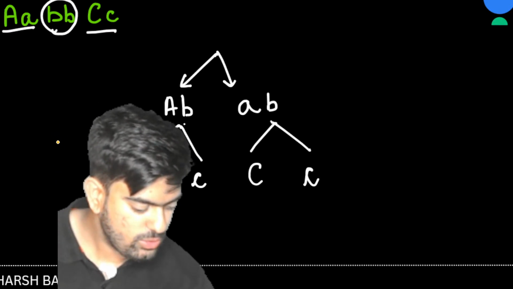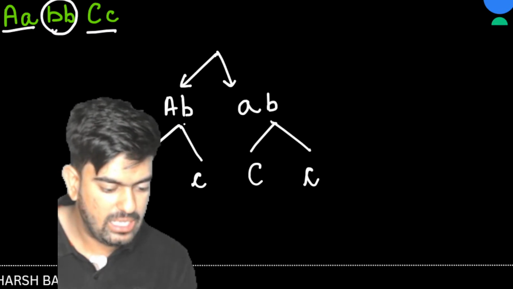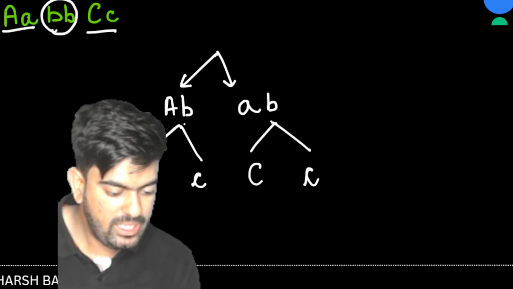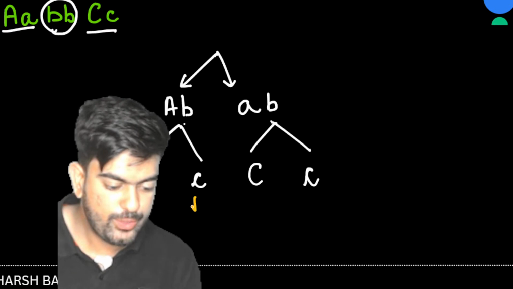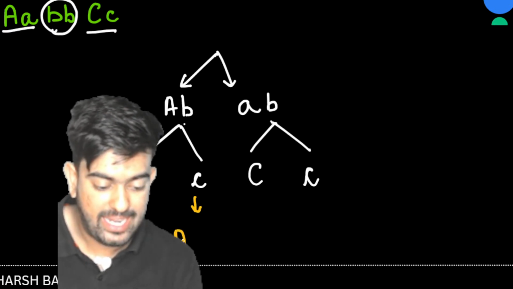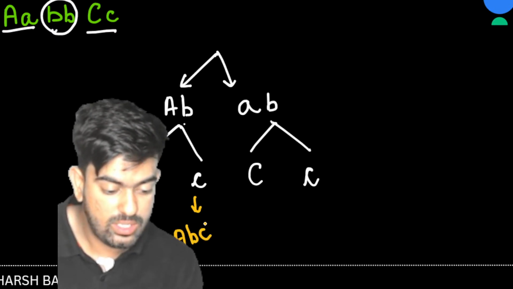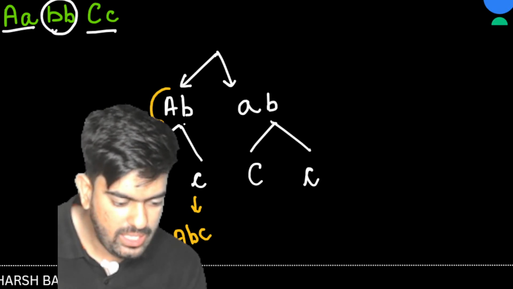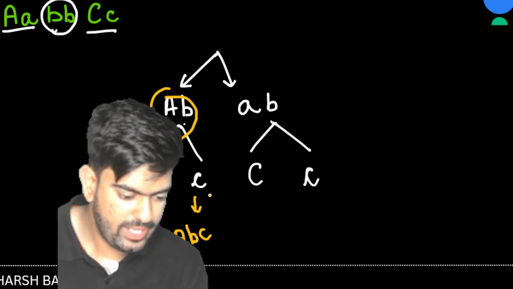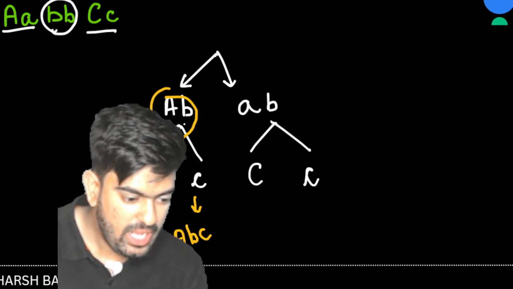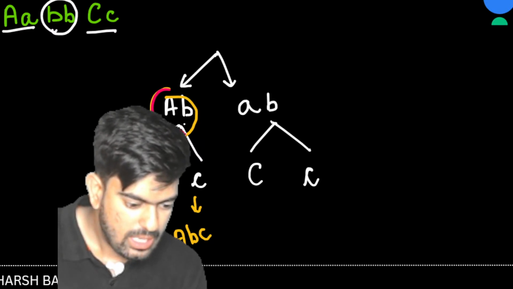We are going to get the gametes here like A, b and capital C. We are going to get the gamete as A, b and small c. See, this A, b and C will be there.